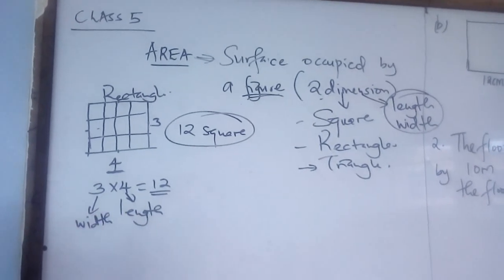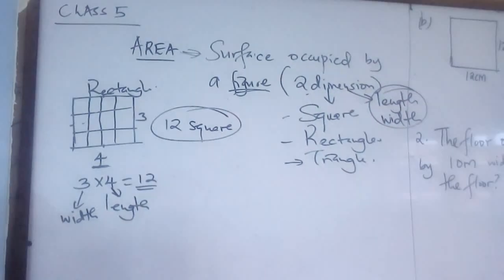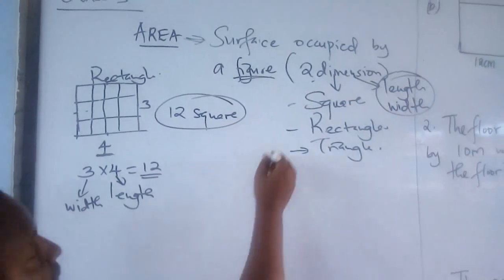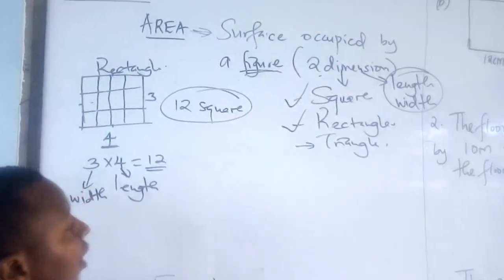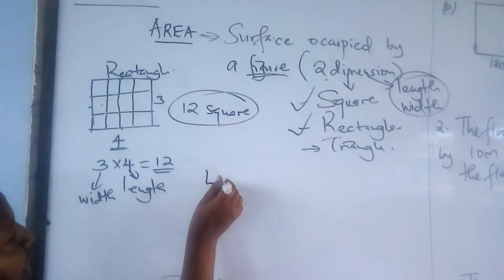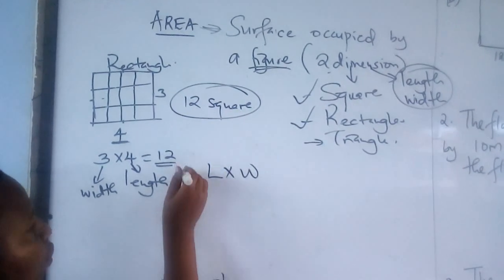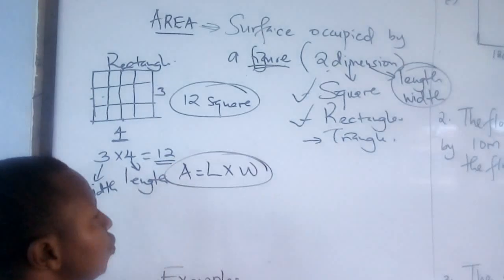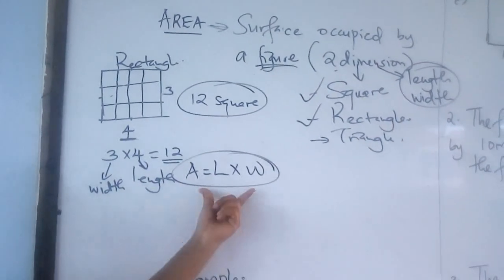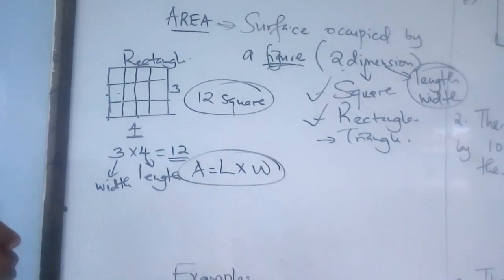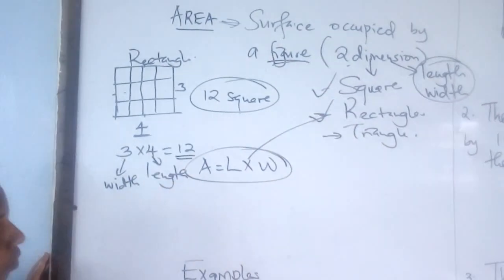So you can come up with a formula of getting the area of the square and the rectangle, which is length times width. So area is equal to length times width. So this is the formula we are going to use to work out the area of a rectangle.